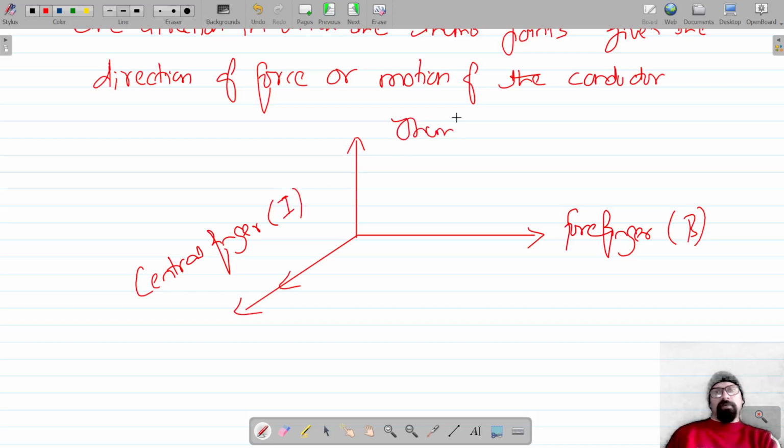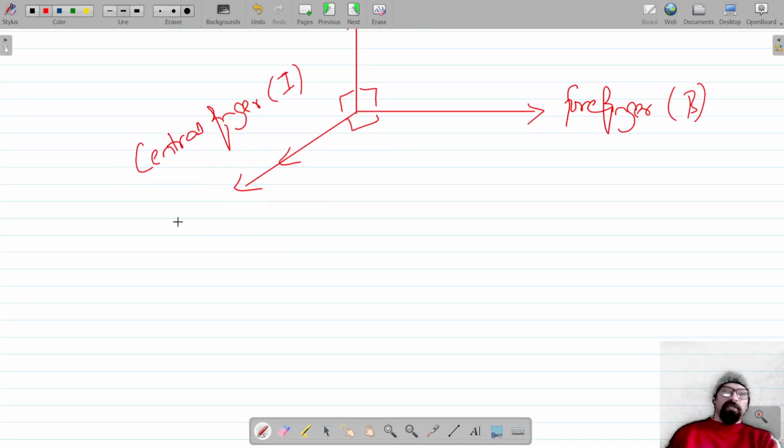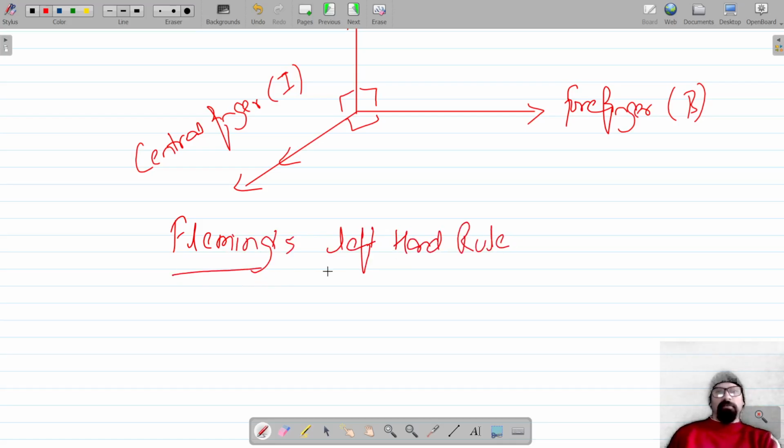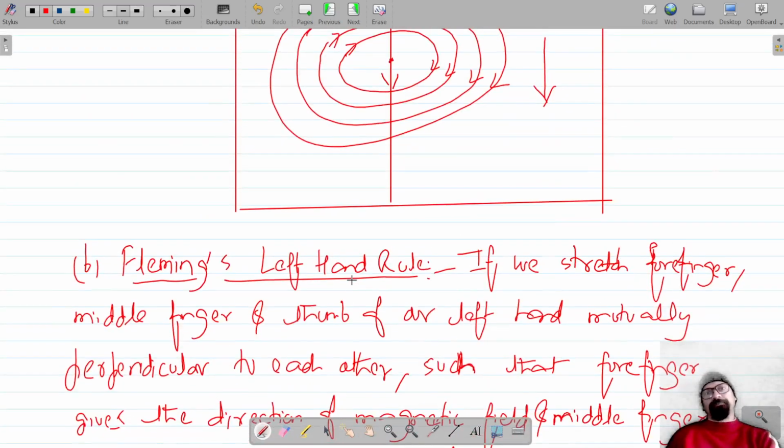Then the thumb gives the direction of the force, and all these are mutually perpendicular to each other. This is Fleming's left hand rule, a very useful rule to find the direction of the force.